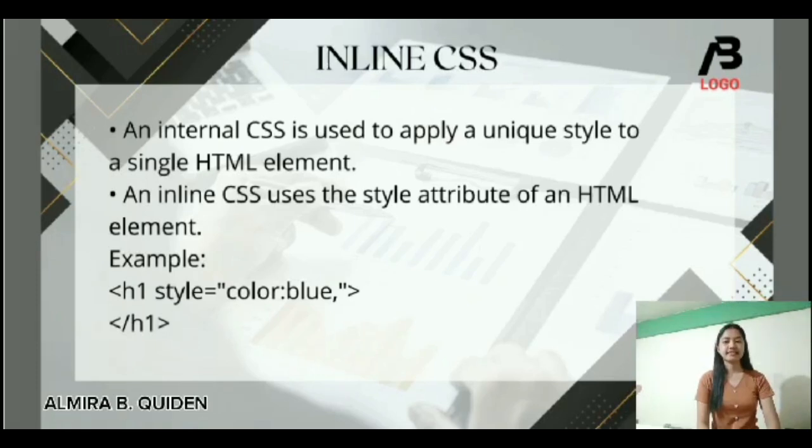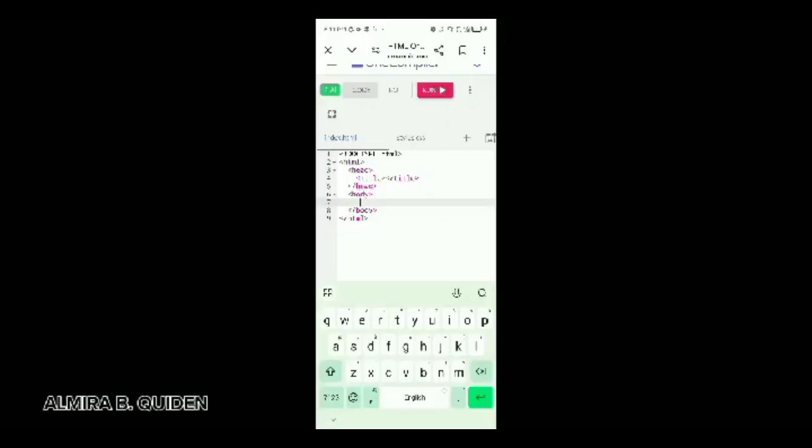Inline CSS. An inline CSS is used to apply a unique style to a single HTML element. An inline CSS uses the style attribute for an HTML element. So inline CSS.